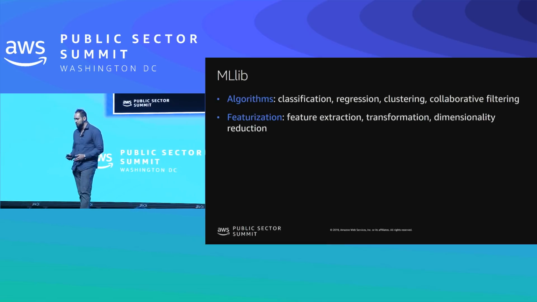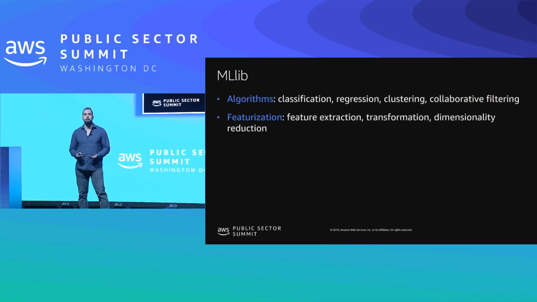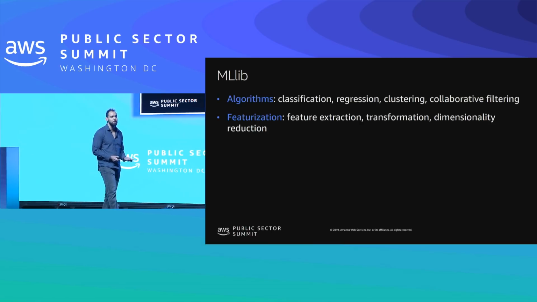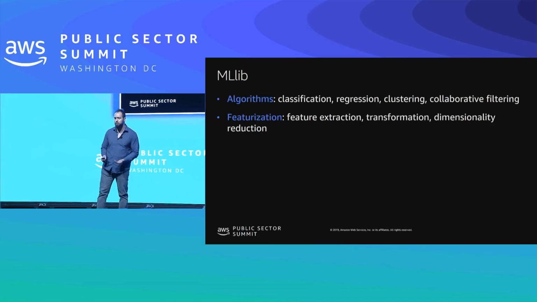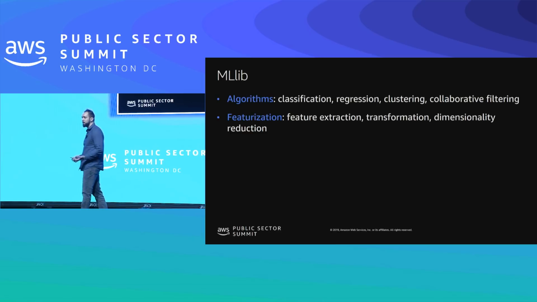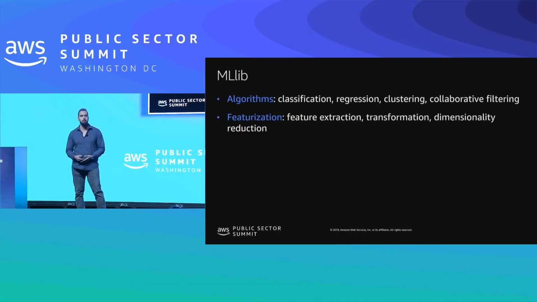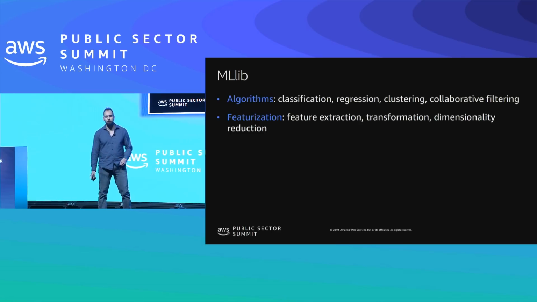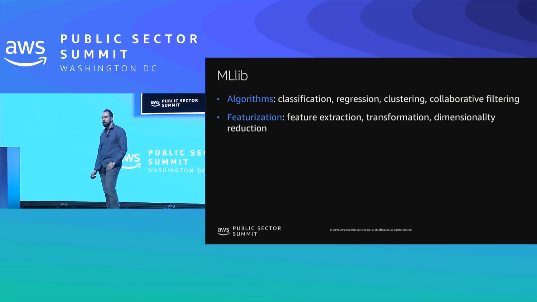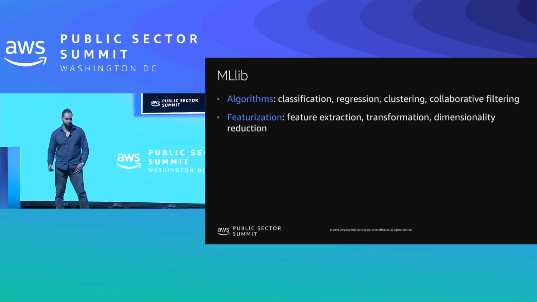One of the useful features of MLlib is that it also gives you the ability to do featurization. If you need to do something such as feature extraction, transformation, or dimensionality reduction, these are all very common tasks for a data scientist, and it is possible to do all of that using MLlib, Spark's machine learning library.